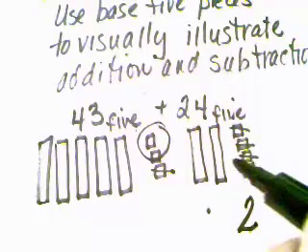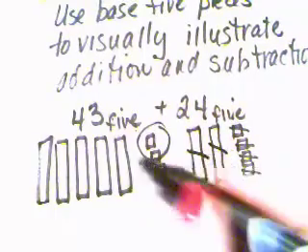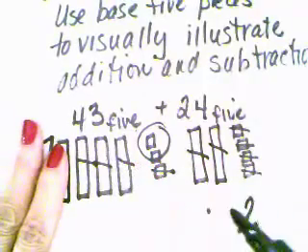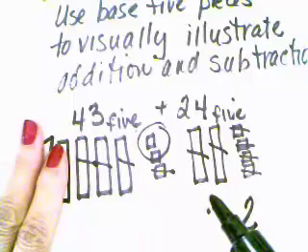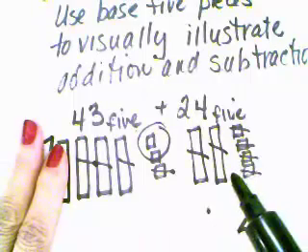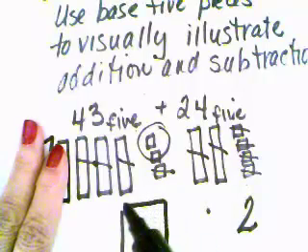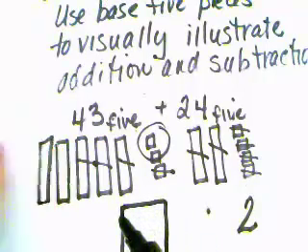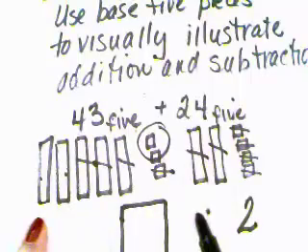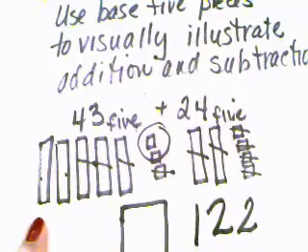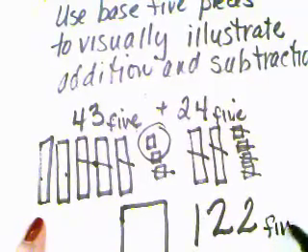Now I will group the longs 1, 2, 3, 4, 5. I know it takes 5 longs to make a flat. So I have 1 flat and I have 2 longs left over. So that's 2 longs, 1 flat, base 5.